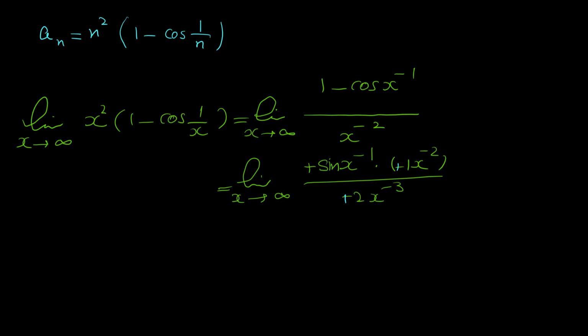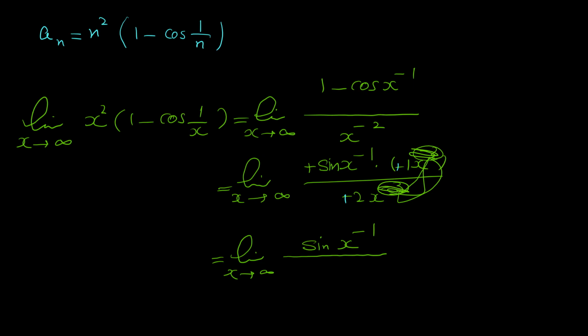So we have the limit as x approaches infinity of sine of x to the negative 1 in the numerator. Again, this power with this power, negative 2 with negative 2, cancel, and negative 1 from this remains.